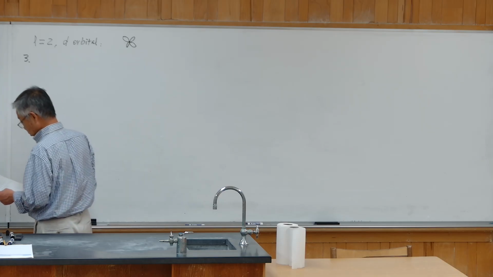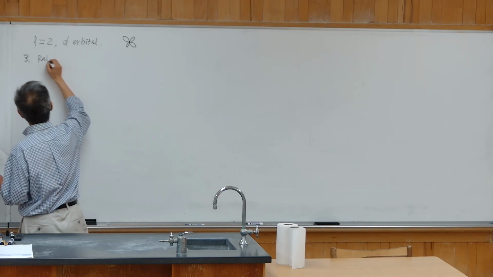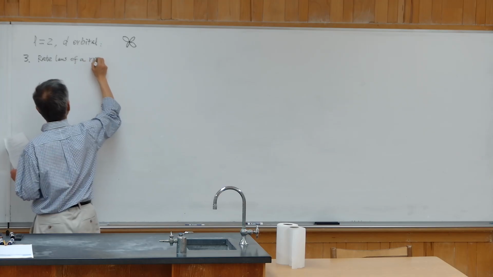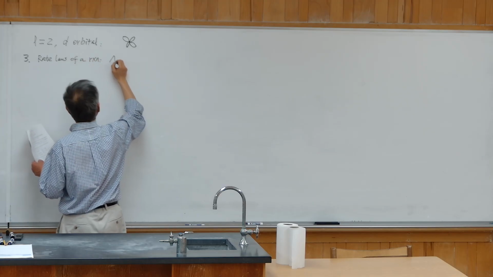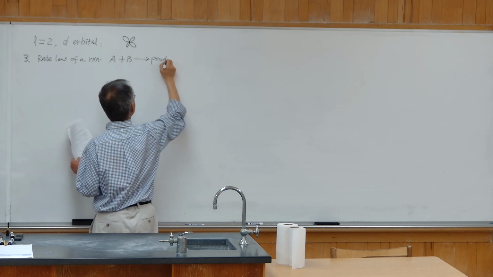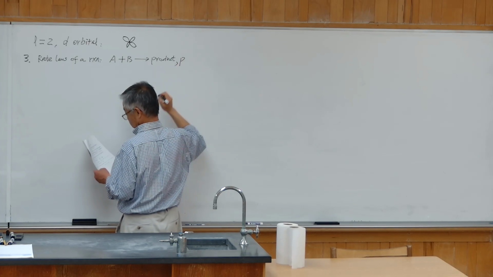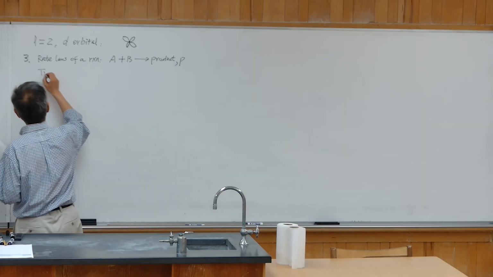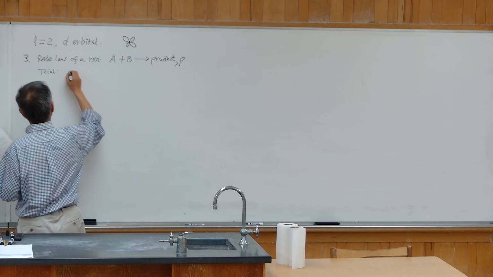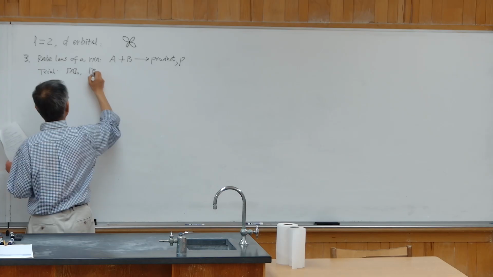Third, what I can think about is the rate law for a reaction. Let's say A reacts with B to produce product P. They may give you sets of experimental results, starting with different A and B concentrations.